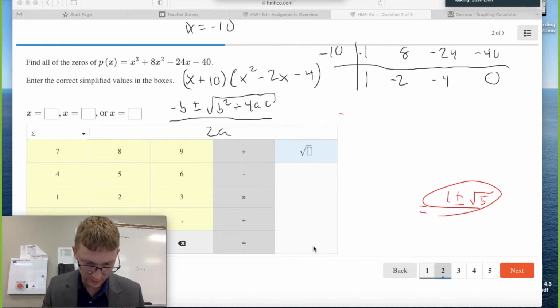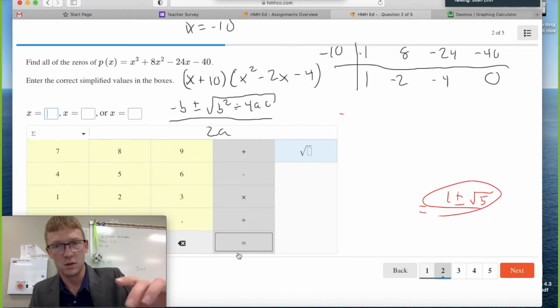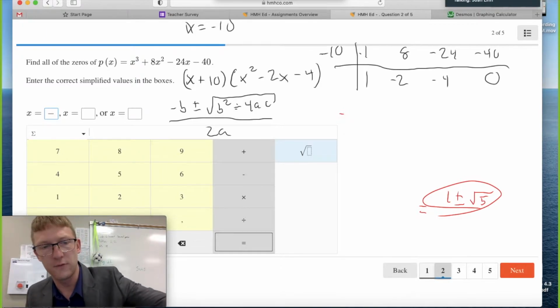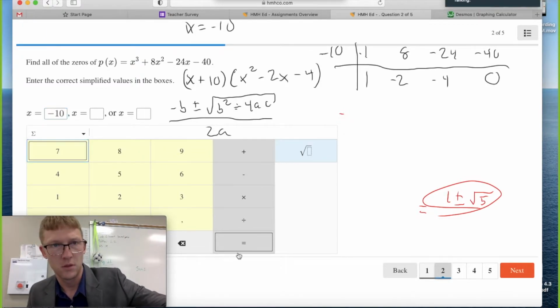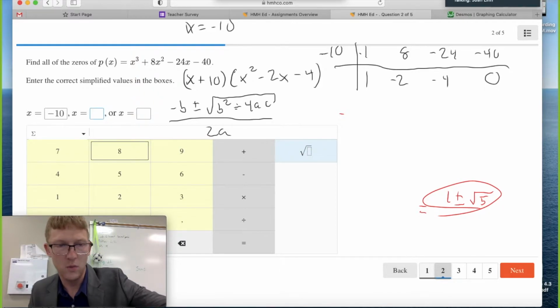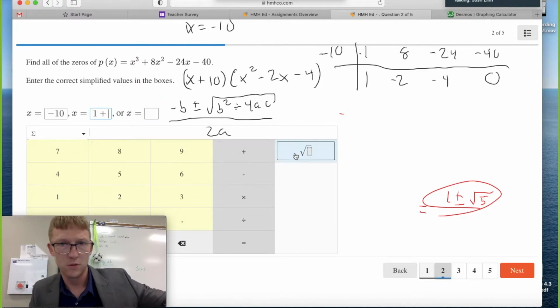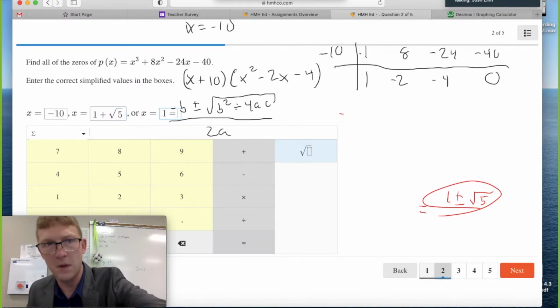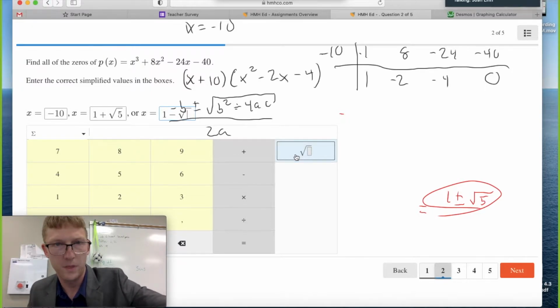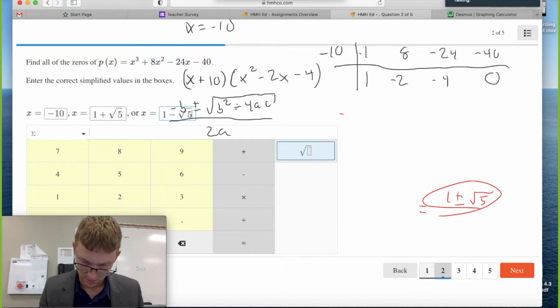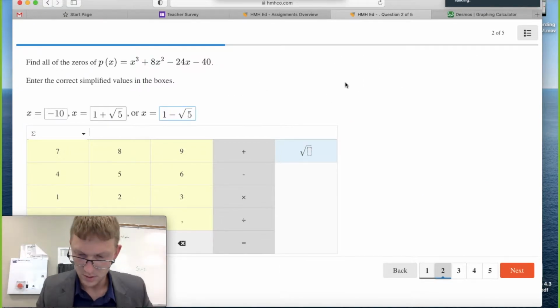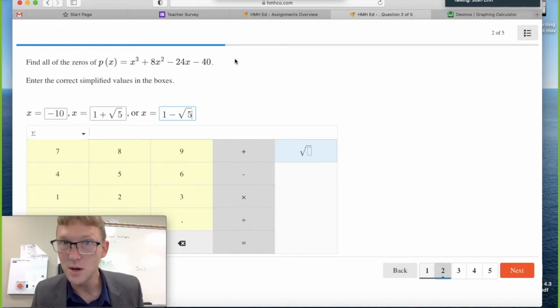So our final answer is going to be x equals 1 plus square root of 5, and 1 minus square root of 5. So I'm going to go check that answer, make sure it's right, and I'll be right back.